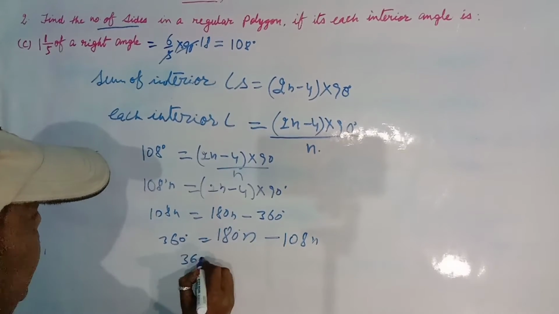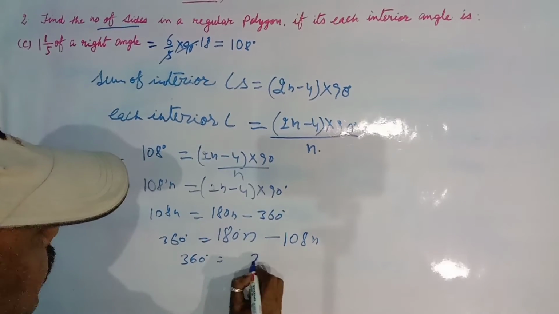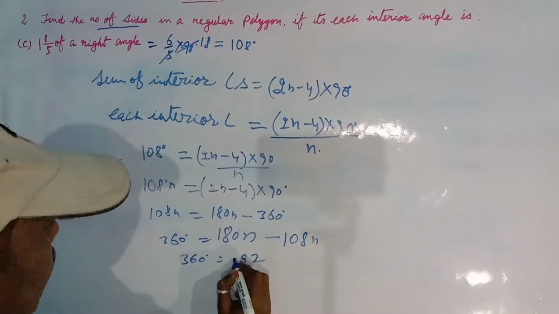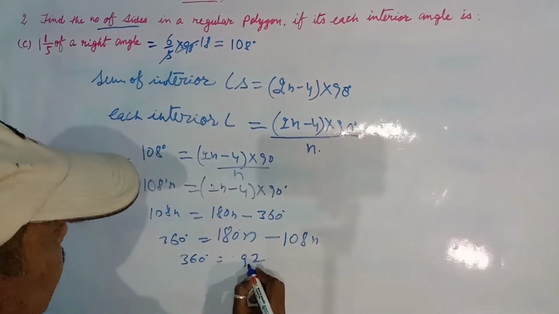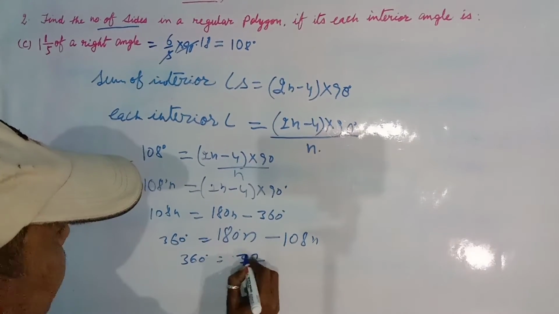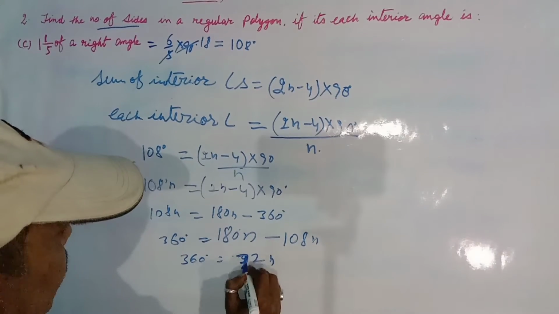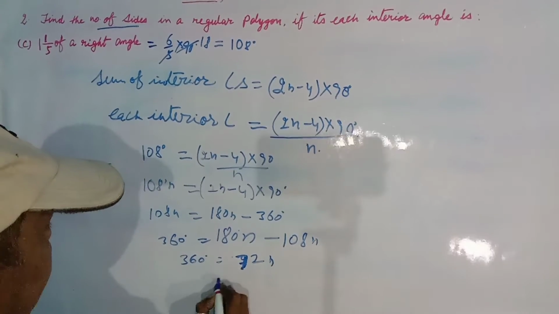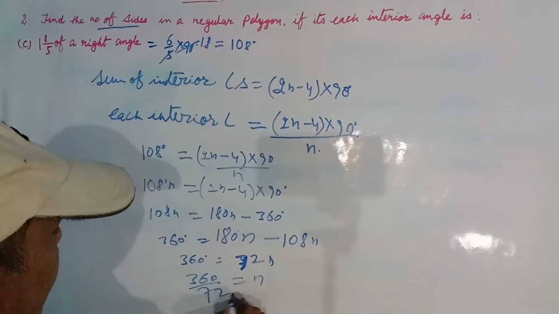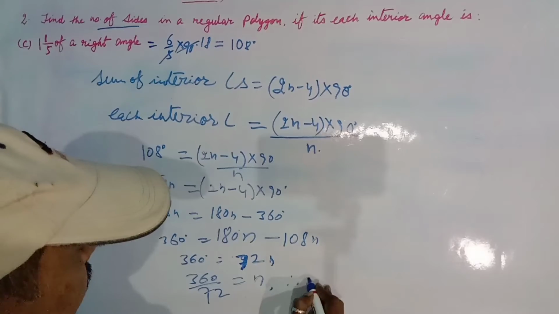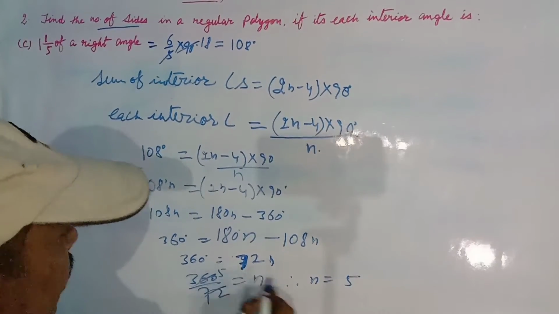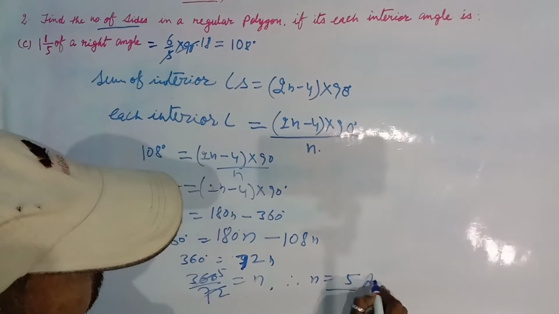Now 360 degrees equals 72n. Then n equals 360 by 72. Therefore n equals 5, since 72 times 5 is 360. Then the number of sides equals 5.